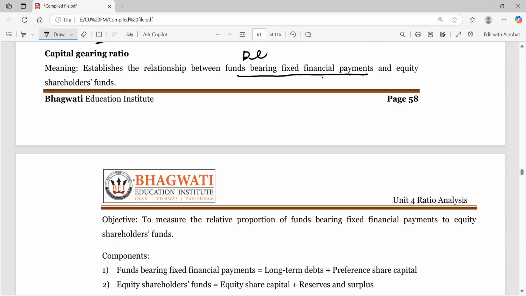Debt plus preference. These are the two sources of finance where we are going to pay a fixed financial charge. One is interest, other one is preference dividend. So numerator includes debt and preference share capital, and the denominator is your equity share capital. Clear? So it establishes the relationship between funds bearing fixed financial payment and equity shareholders fund.